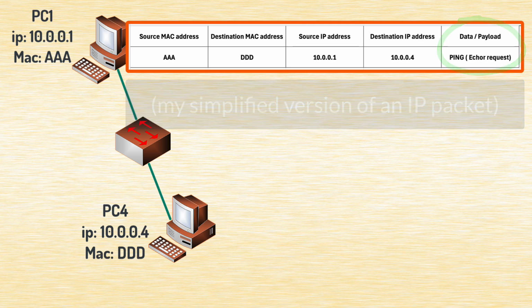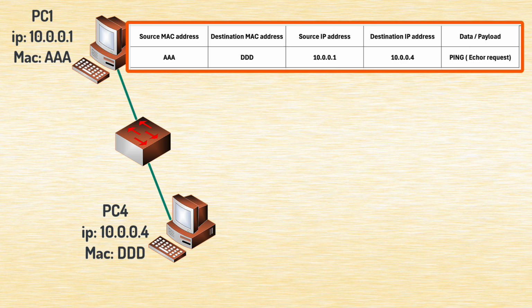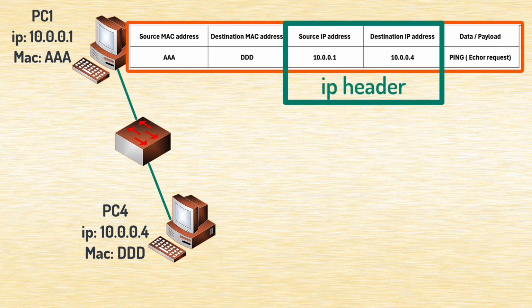So PC1 then adds another piece of information to that payload. It adds a so-called IP header, and that IP header will include the source and destination IP addresses. So the source is PC1's IP address, 10.0.0.1, and PC4 is our destination, so we'll put the destination address 10.0.0.4.